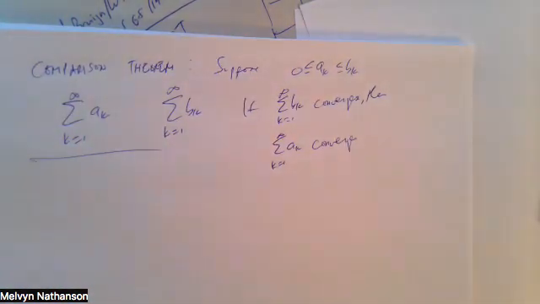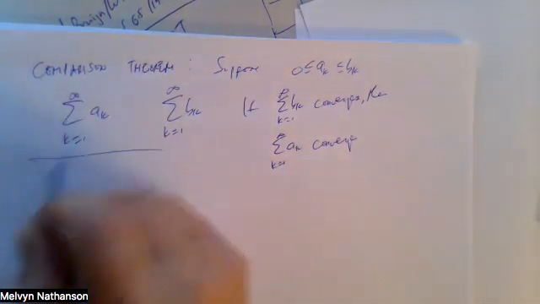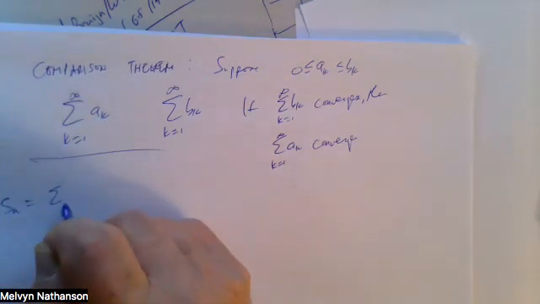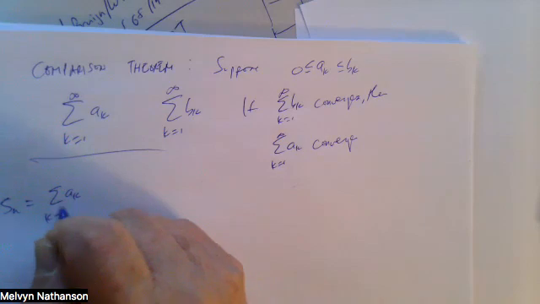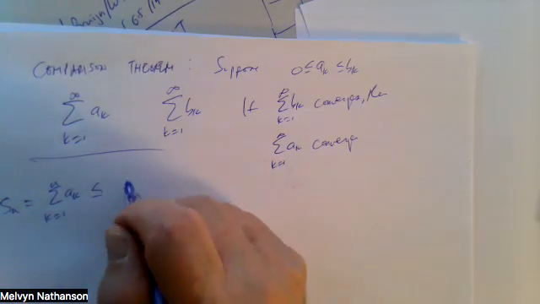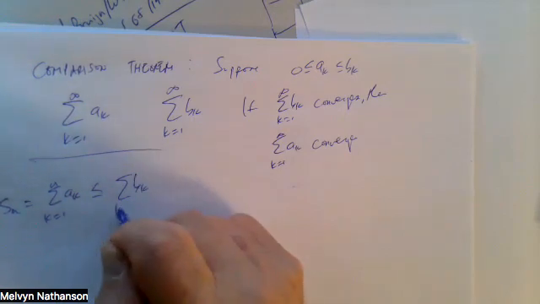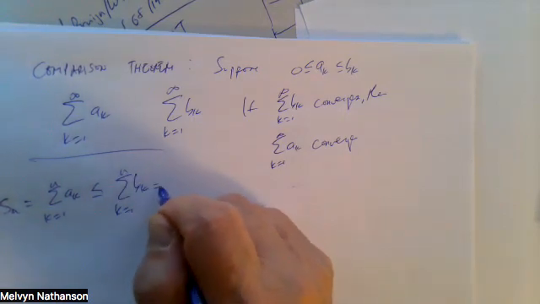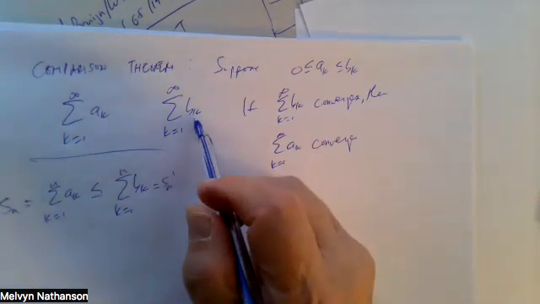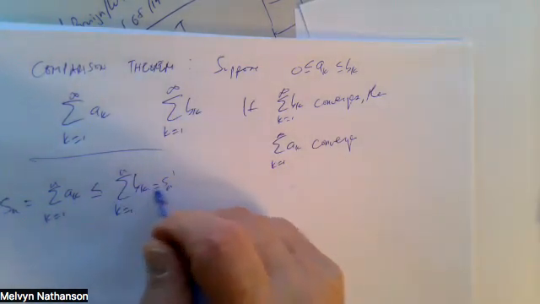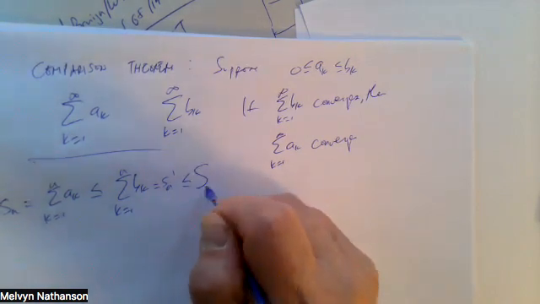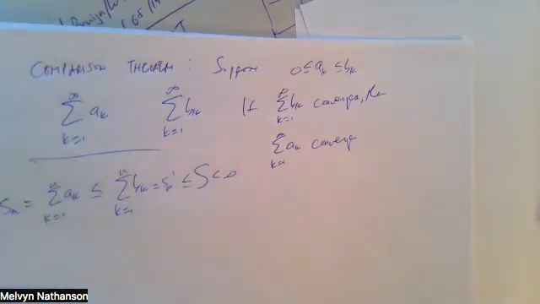And the idea behind the proof is, if you look at the partial sums of the series of a's, a_k, k goes from 1 up to n, since each a_k is less than each b_k, this will be less than summation b_k, k goes from 1 up to n. Call that S sub n prime, say. And if this series converges, these numbers are getting bigger and bigger, but they'll be less than some number s, less than infinity.